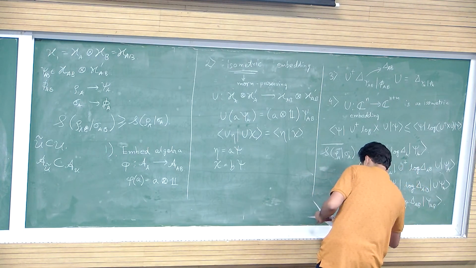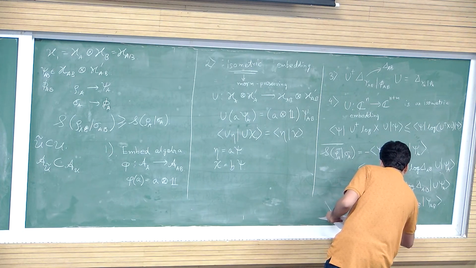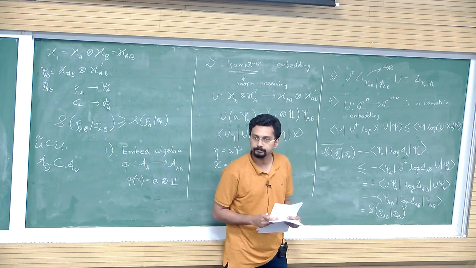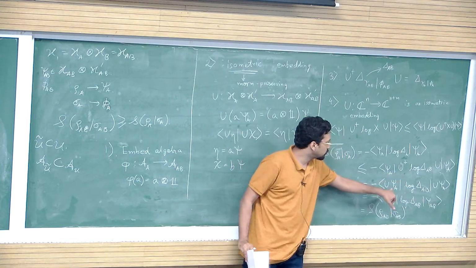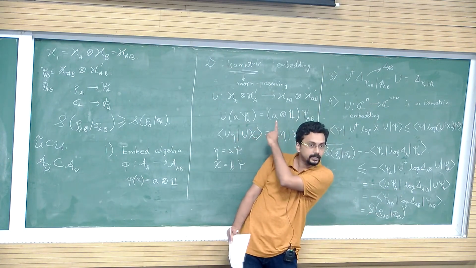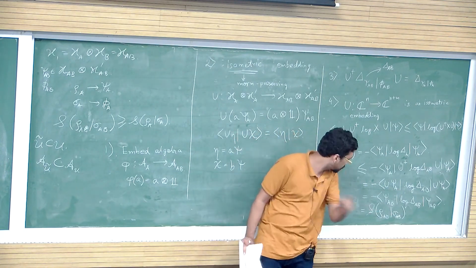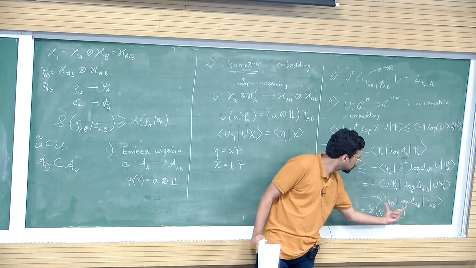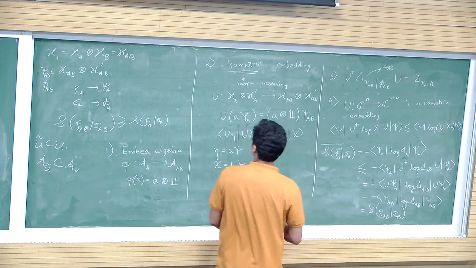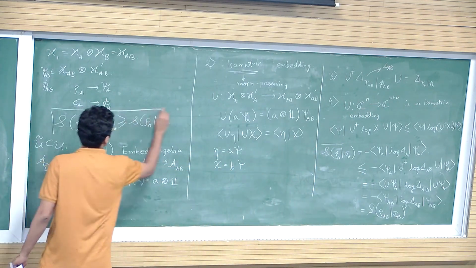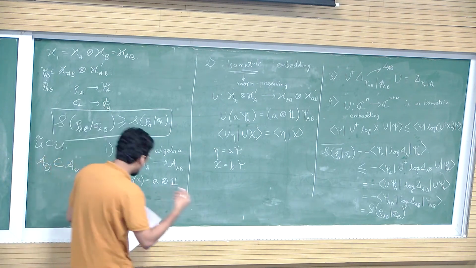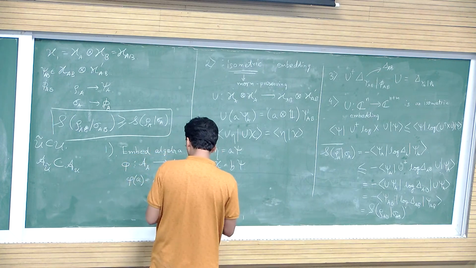And this is nothing but S of, right. So I have taken this dagger out here. This is how I have written it. But u of psi A, if you have put A equal to identity, is nothing but psi AB. So this is sandwiched now between psi AB. This object is nothing but this. There is a less than or equal to, which is monotonicity.